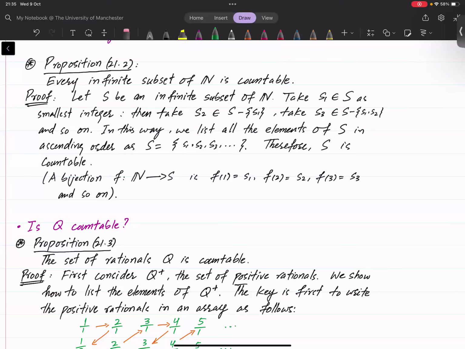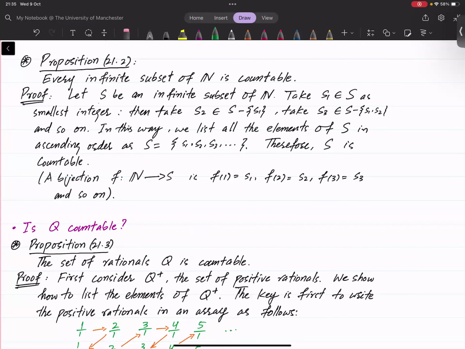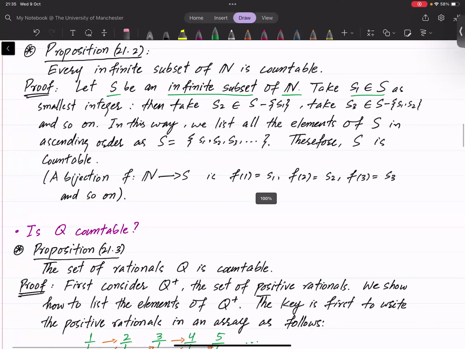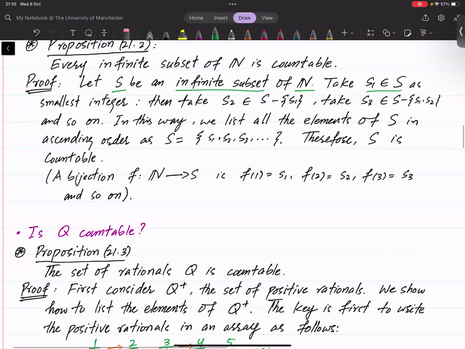Let's prove that. Let S be an infinite subset of natural numbers. Let s1 be the smallest integer in S. Then let's take s2 in the set S minus the set containing s1, and then s3 in the set S minus the set containing s1 and s2, and so on.